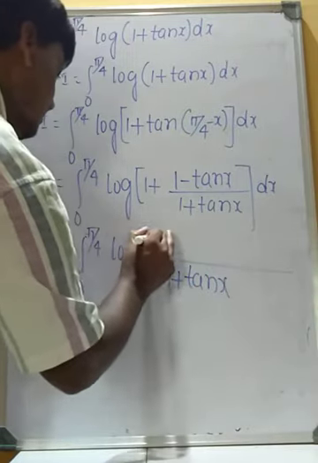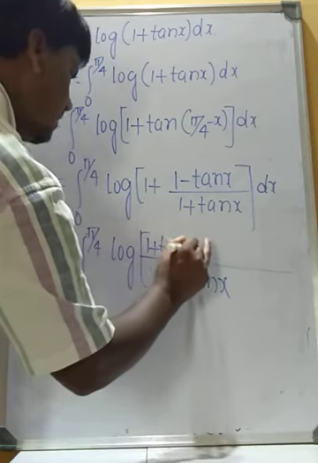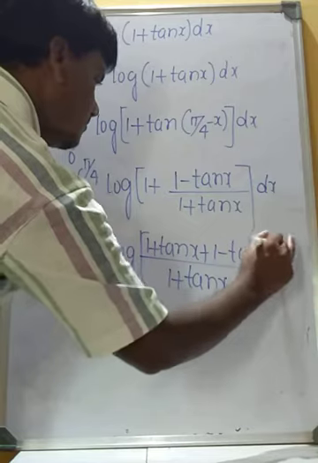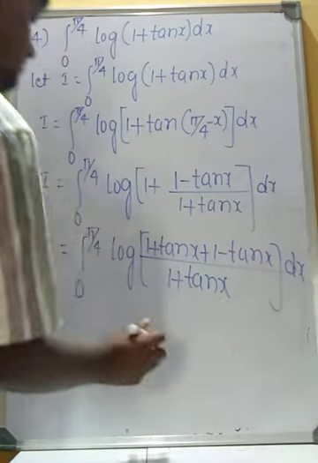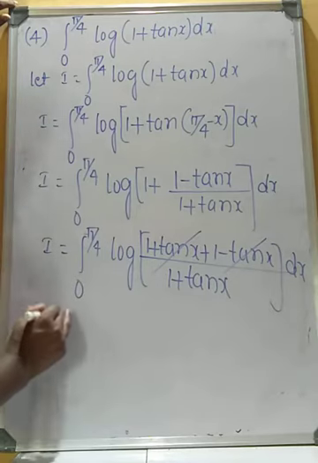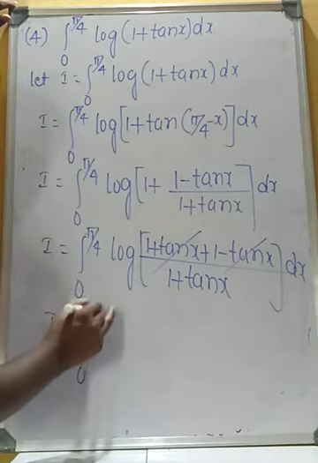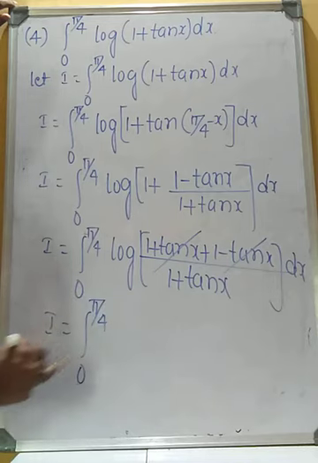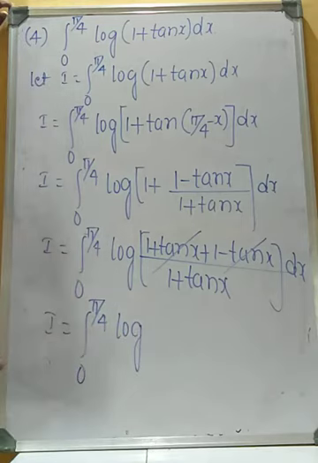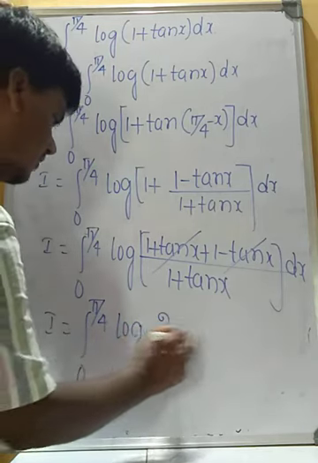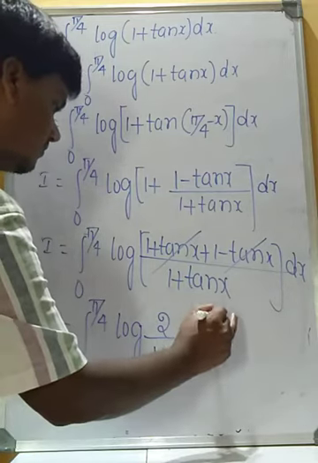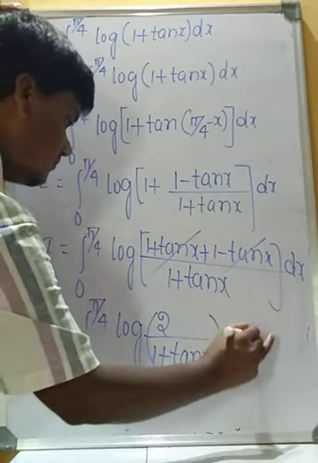In the numerator, 1 plus tan x plus 1 minus tan x, into dx. Minus tan x plus tan x gets cancelled. Therefore, I is equal to integral 0 to pi by 4 of log of 1 plus 1 is 2, divided by 1 plus tan x, into dx.